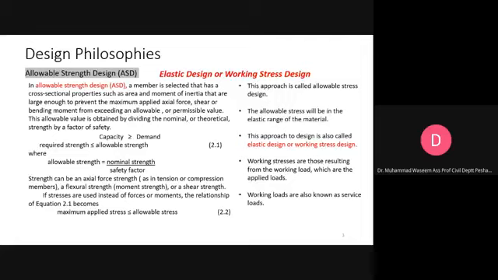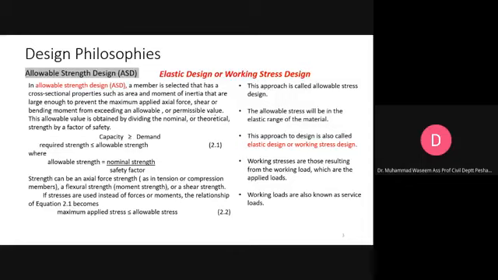We know that a member derives its resistance from the material property and from its cross-sectional geometry. So we select the cross-sectional area of the member so large that the effects of the loads produced in the member remain within the elastic or permissible range.